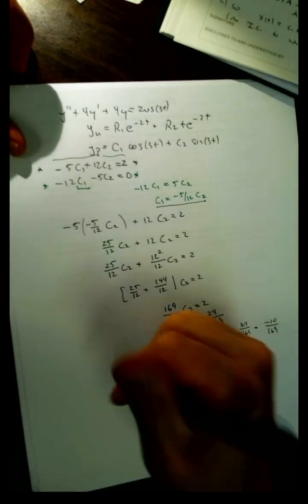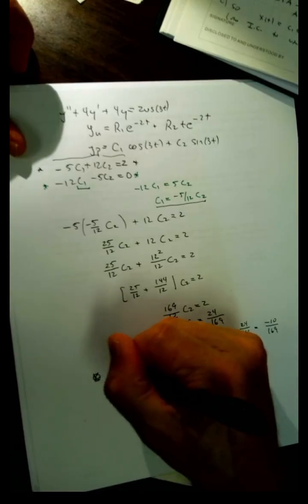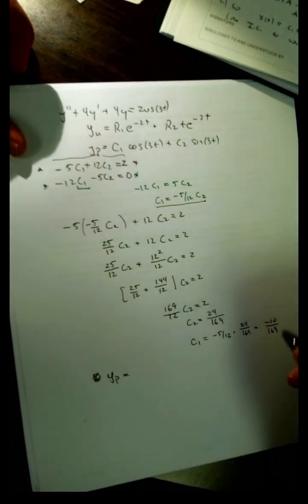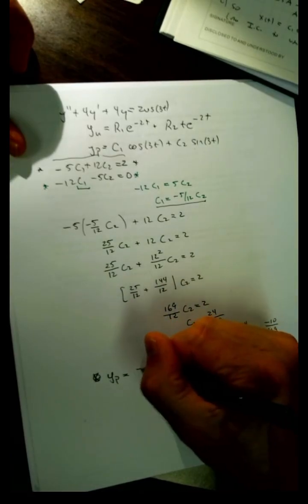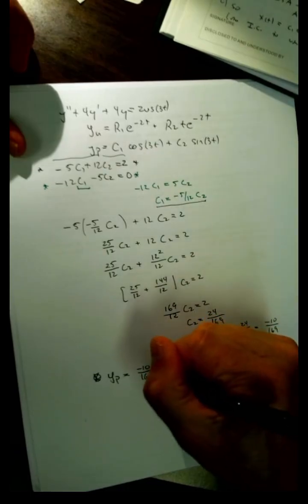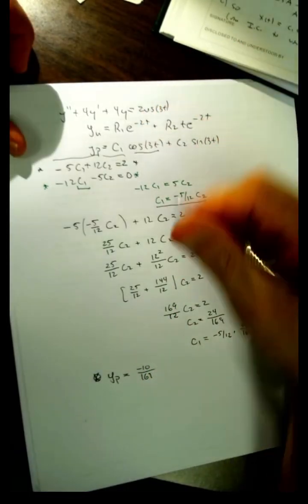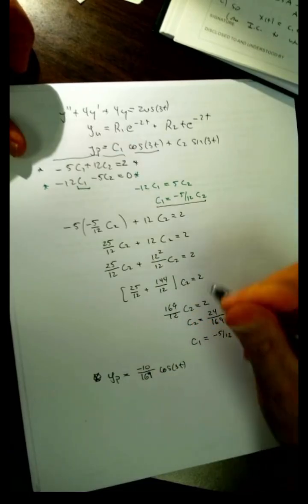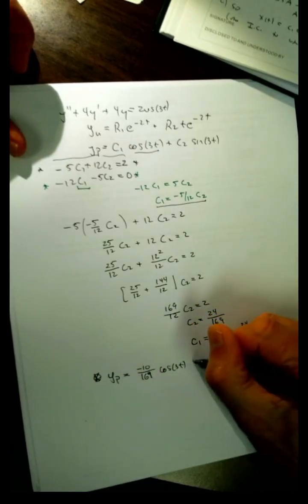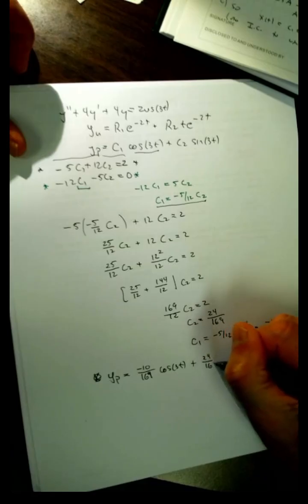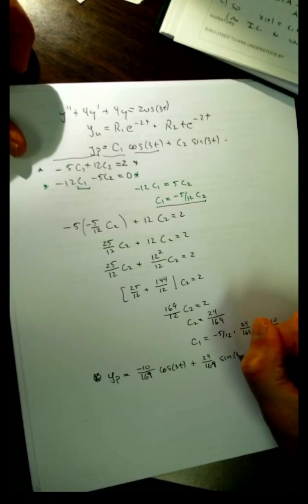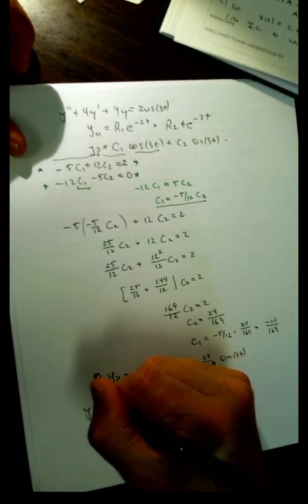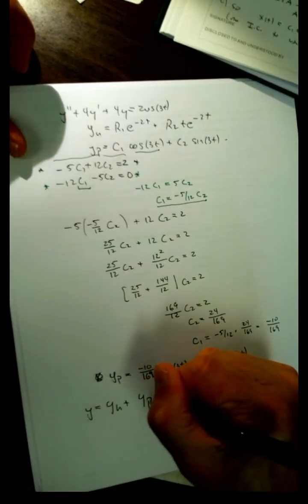So that means my particular solution is going to be c1, which is minus 10 over 169 times cosine 3t, plus c2, which is 24 over 169 times sine of 3t. So my solution is going to be the homogeneous plus the particular.